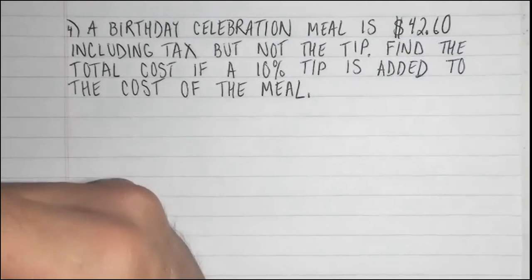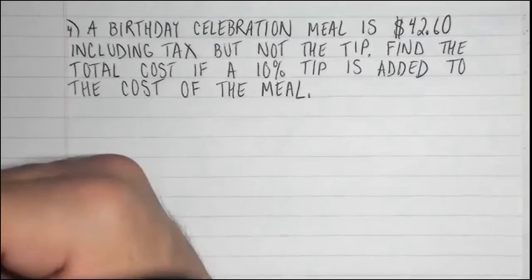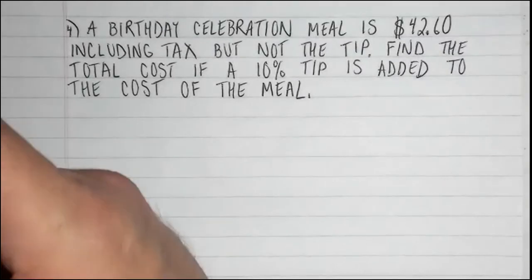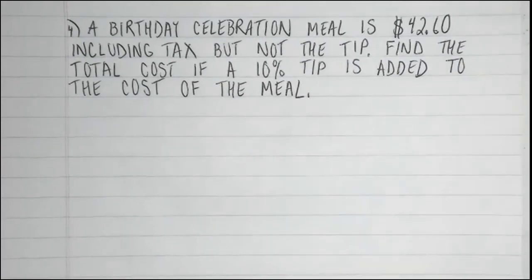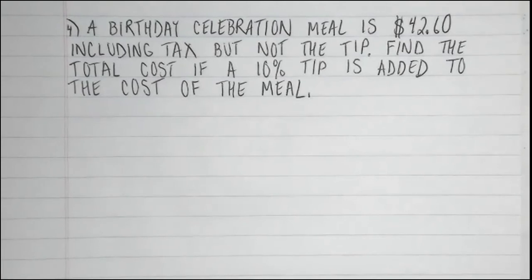So if you're reading this problem, birthday celebration meal is $42.60, including tax, so the tax is already in that $42.60, but not the tip. Find the total cost if a 10% tip is added to the cost of the meal. In other words, you get your bill and it's $42.60. But obviously we need to include a tip, 10% tip.